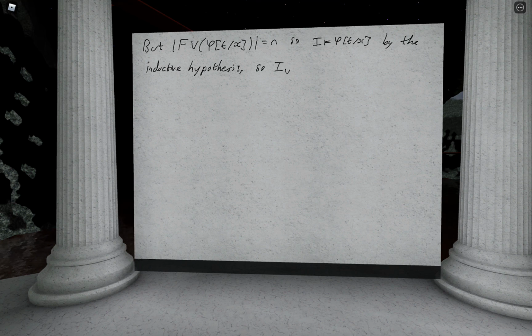So I of v of phi, which is equal to I of v of phi t for x, is equal to 1. And that concludes the proof, because I just showed that if you take any valuation, I of v of phi is true. And that's what I wanted to prove.